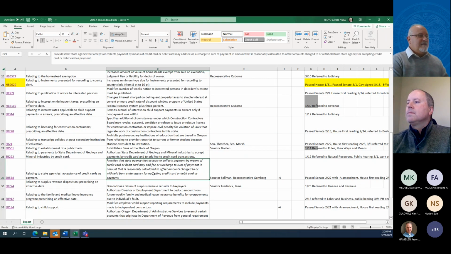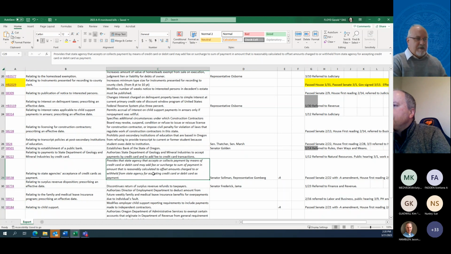The amendment basically removes the authorization and says that agencies that are authorized to accept credit cards may now add the credit card fee to the amount of the payment, so that the agency isn't having to pay those fees out of their budget. So a slight change.